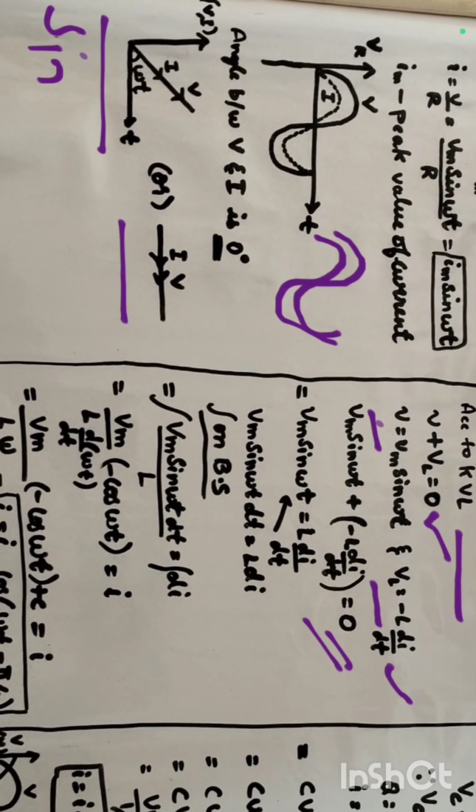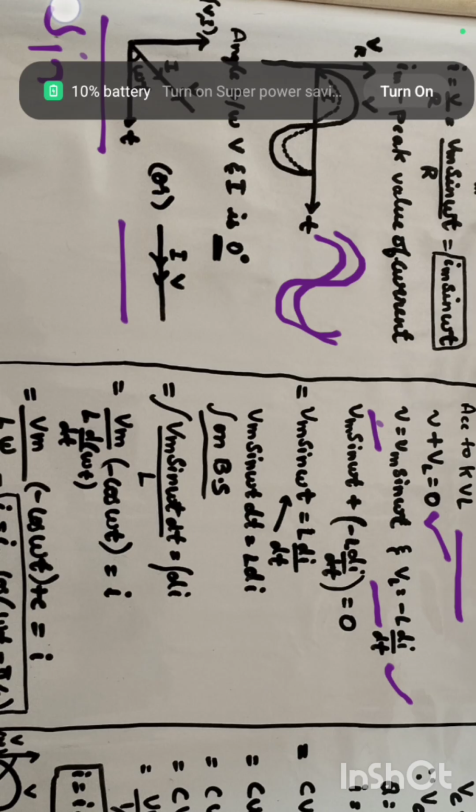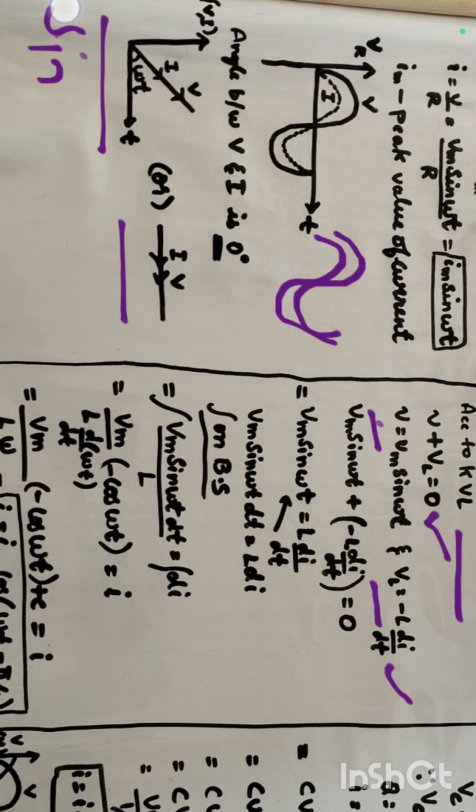According to this equation, bringing the minus L di by dt to the right side, it will become Vm sin omega t is equal to L di by dt. And rearranging the equation, Vm sin omega t dt is equal to L di. Integrating on both the sides.